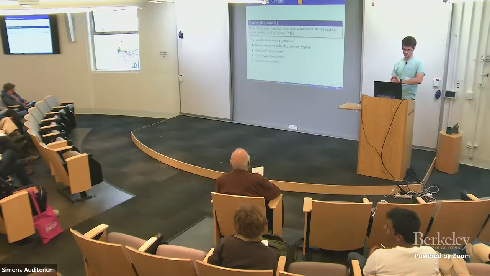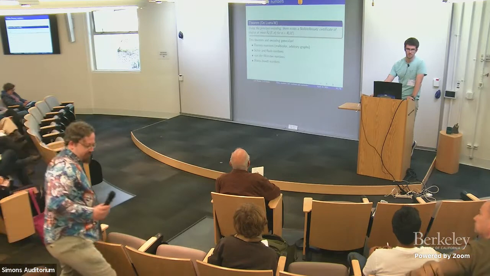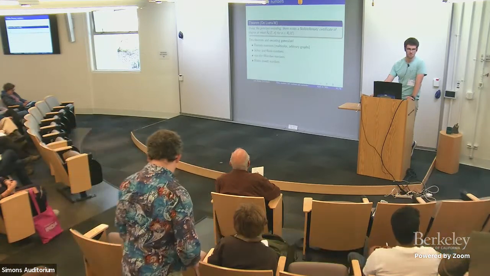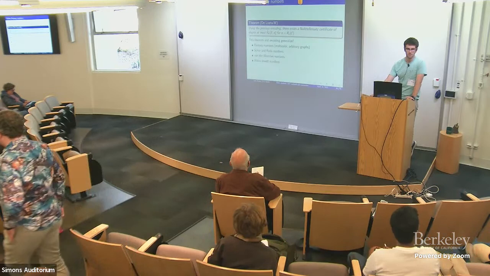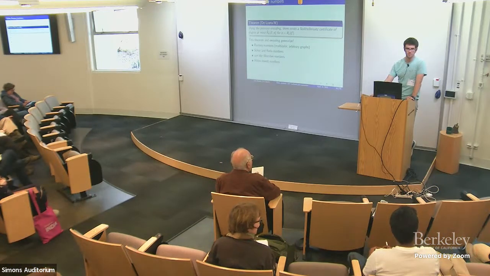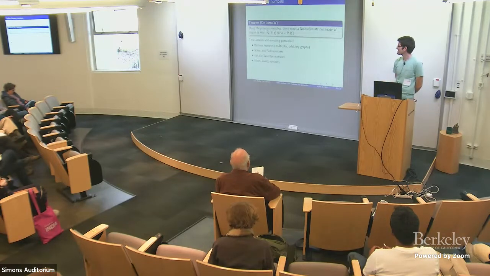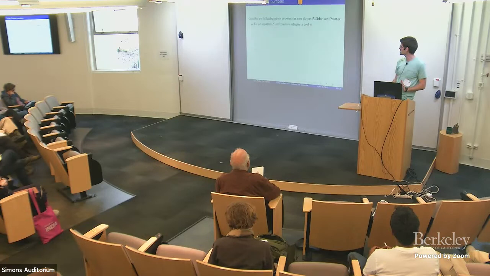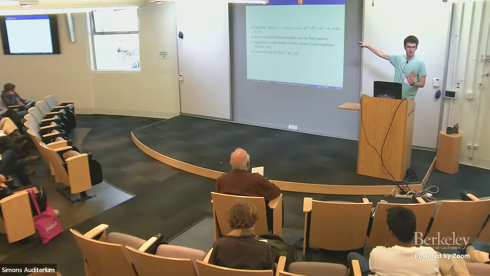Any further questions? Yep. For the Rado numbers case, is there an explanation why there should be polynomials in the coefficients? Yeah, that's a great question. Or I guess you mean polynomial in the number of variables, which you could also consider.